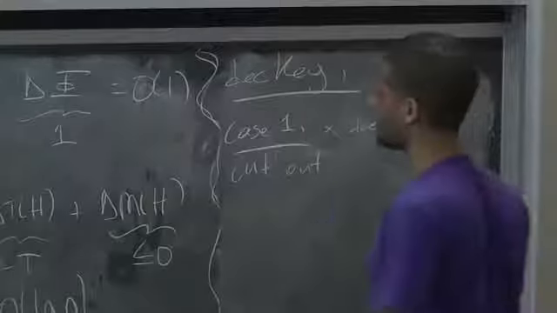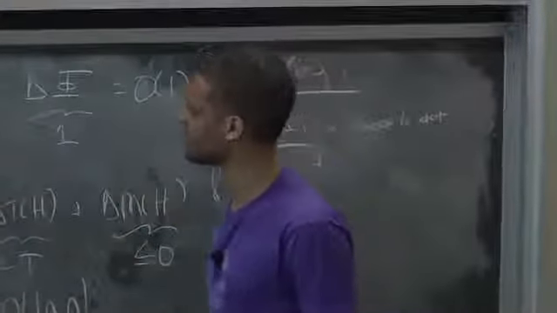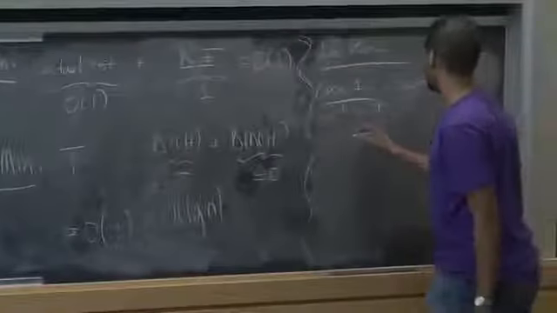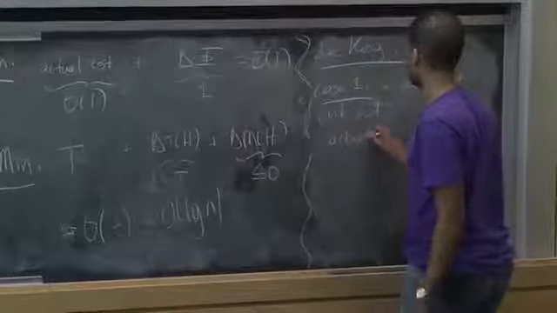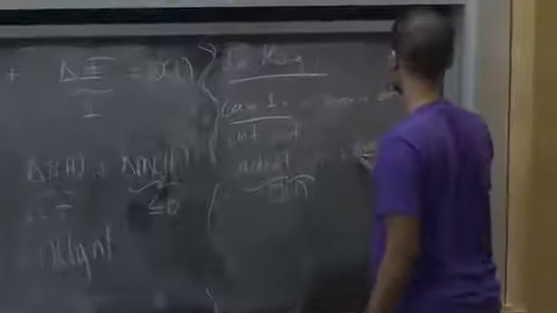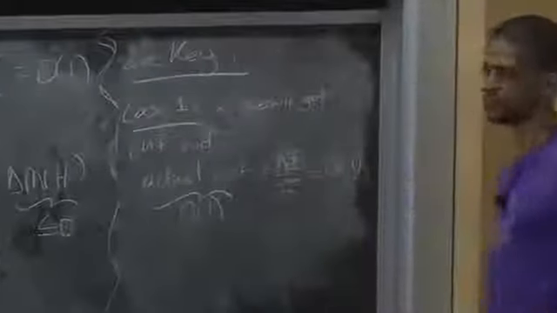Then the actual cost is a constant. The difference in potentials, we don't change the number of trees, we don't change the number of marked items. So actual cost is a constant, plus the difference in potential is 0, so this is just a constant.